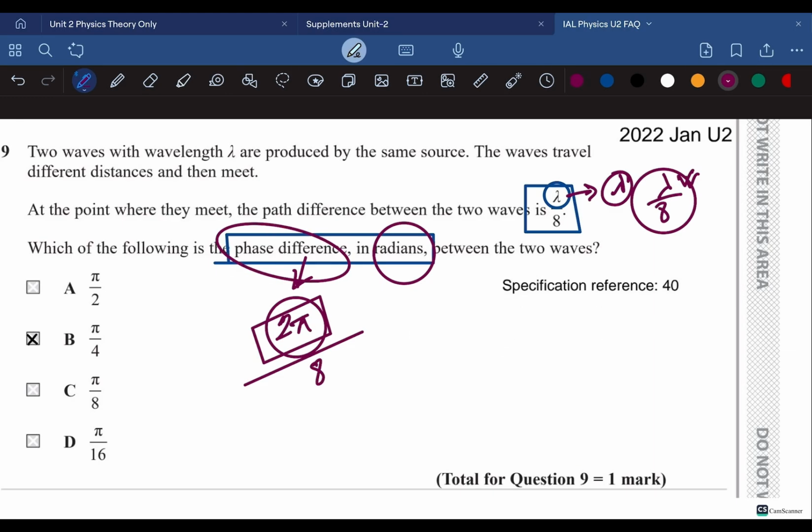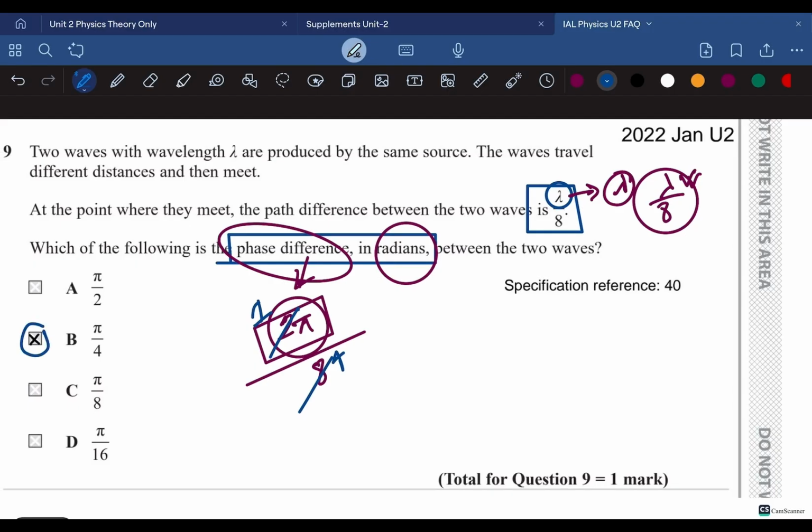So it becomes 2 pi divided by 8, which is pi by 4. So our correct answer will be B. This was an easy peasy lemon squeezy question.